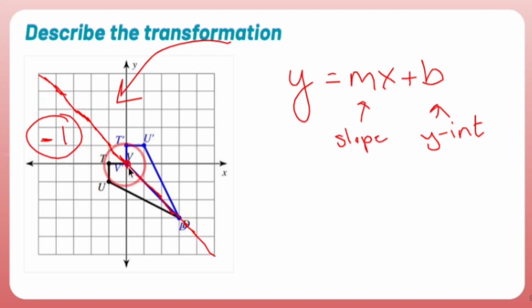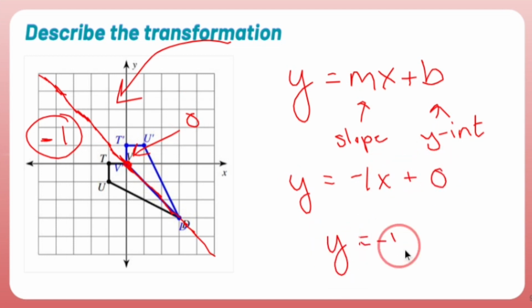It also appears to me that my y-intercept is nothing. So putting that all together, I get y equals negative 1x plus nothing, y equals negative x. Kind of weird, but y equals negative x is my mirror. It's the only way it works.